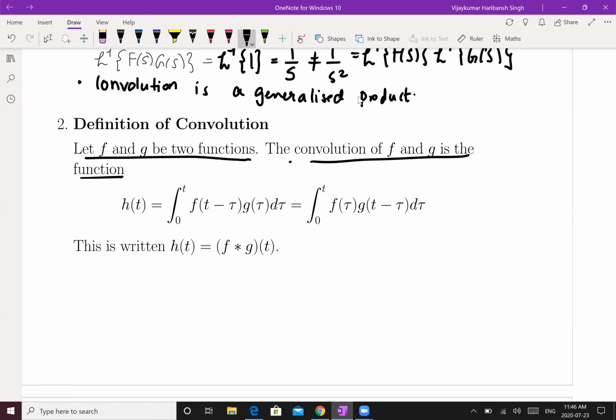The convolution h(t) is given by the integral from 0 to t of f(t minus tau) g(tau) d tau, which is the same as the integral from 0 to t of f(tau) g(t minus tau) d tau. These integrals are called convolution integrals.